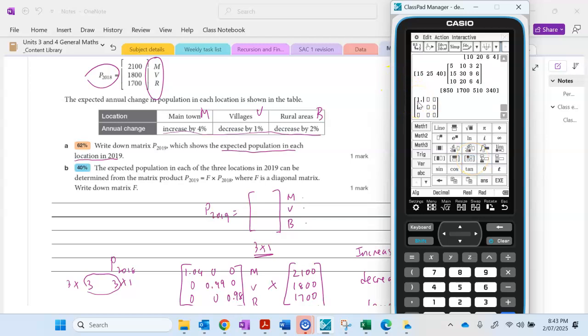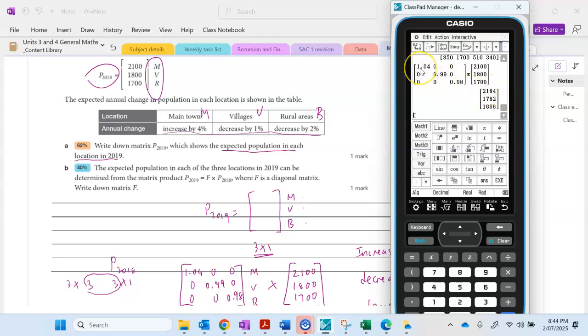All right, so 1.04, 0, 0, 0, 0.99, 0, 0, 0, 0.98, and then we're going to multiply that by that column matrix. So 2,100, 1,800, 1,700. And there's the total for 2019.